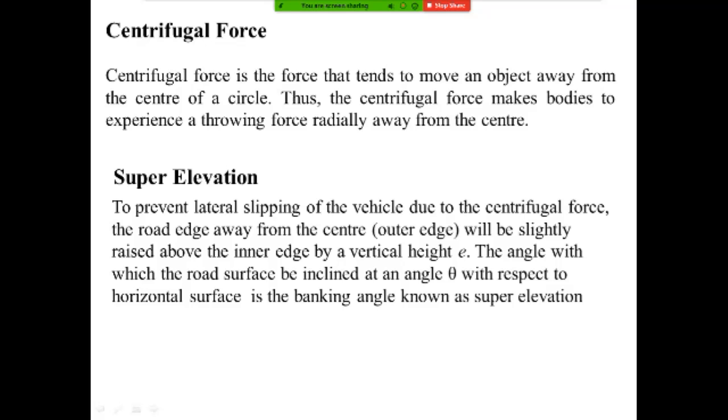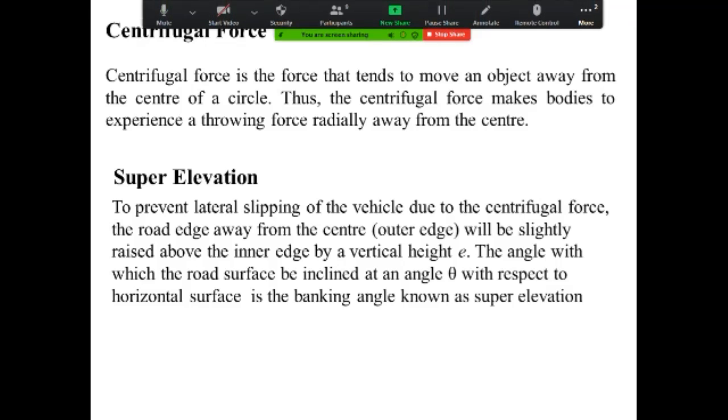Centripetal means towards the center. Centrifugal means away from the center, right? In a circle. You experience these forces while you're traveling or riding a bike and crossing a curve, or moving in a curve, right? You observed, no?